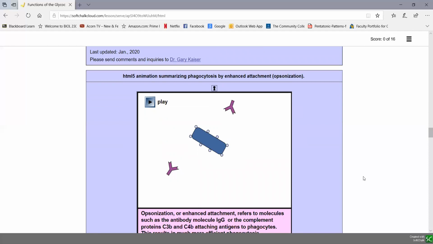And here's a summary of phagocytosis with enhanced attachment, where in this case we're making antibodies, IgG, that fit epitopes of antigens on the bacterium.